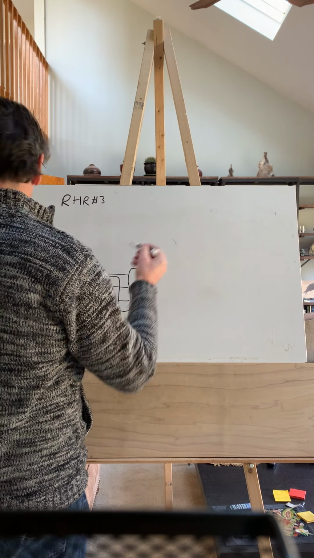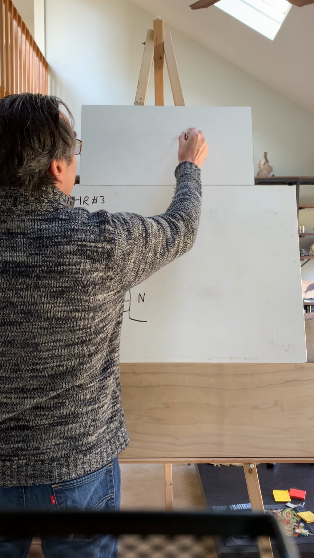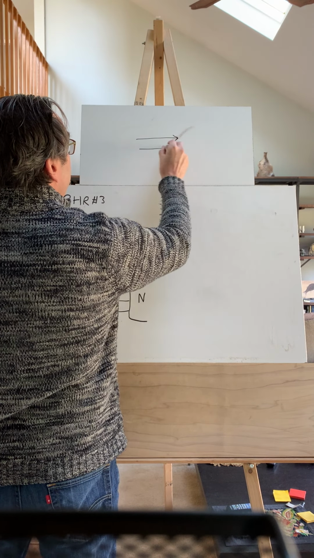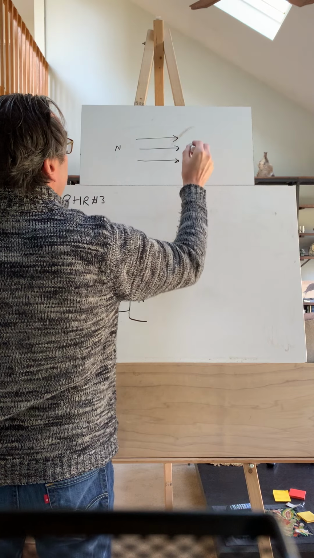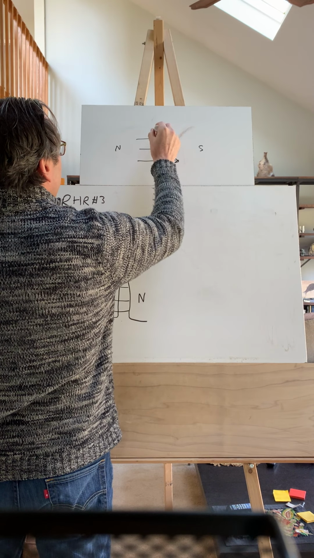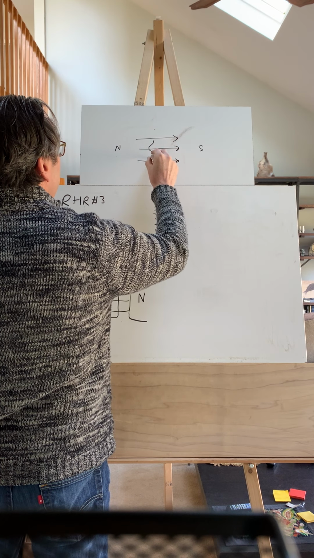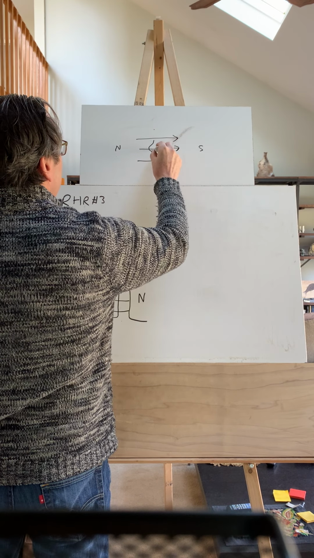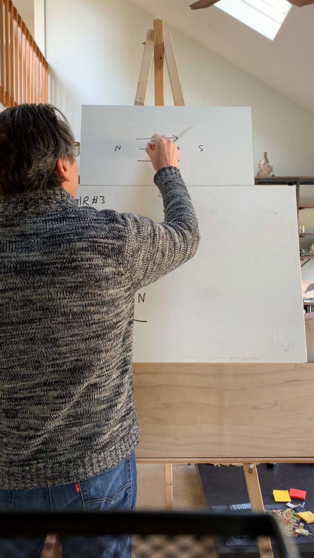Now, if we just think of a simple test magnet, if we have a magnetic field going, say, in this direction, because we've got a north pole here and a south pole over here, and we place a test magnet in it, which means a compass needle, say like this, and we'll say that this is the north end of the compass needle, the red end, the north pole, and this is south.